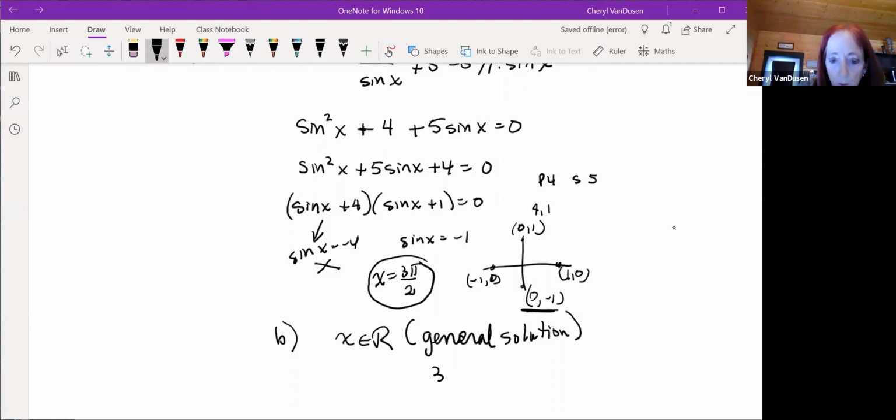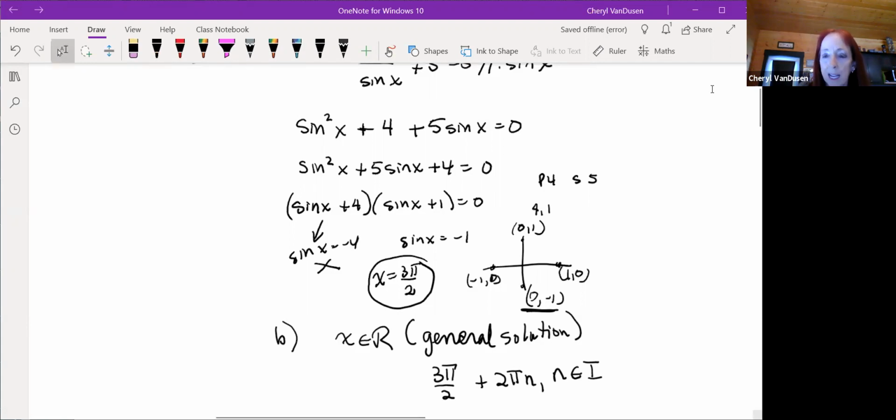So the answer here for general solution is 3 pi over 2 plus 2 pi n, n being an integer. And so that means we're going to add 2 pi lots of times or subtract 2 pi lots of times, and we're just always going to end at the negative y axis. So that's how you do general solution. They sound complicated, but they're not as complicated as actually the math to get there.